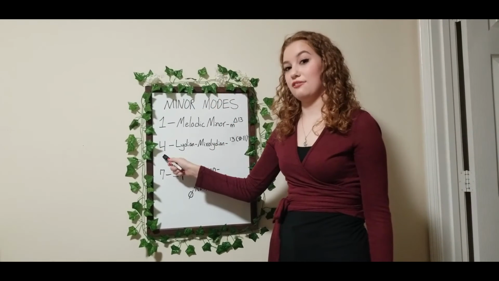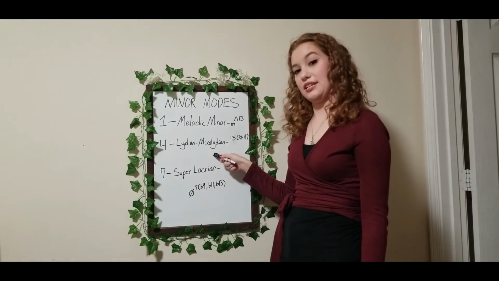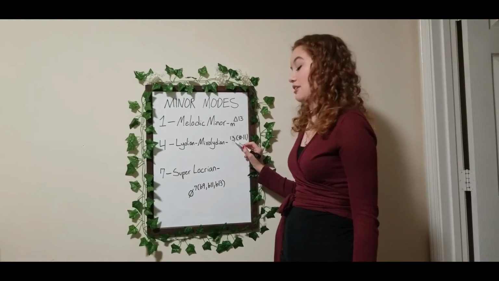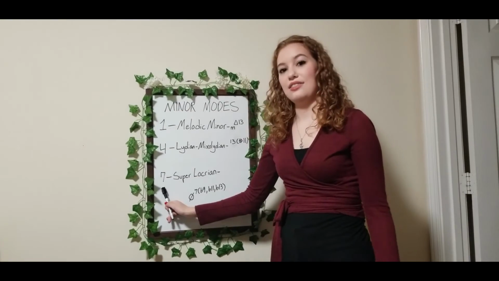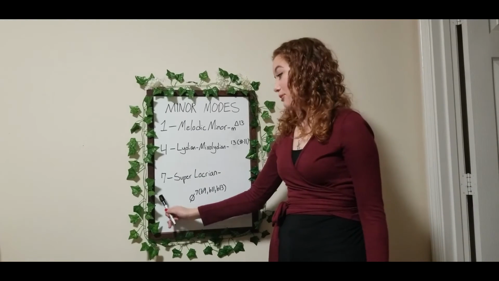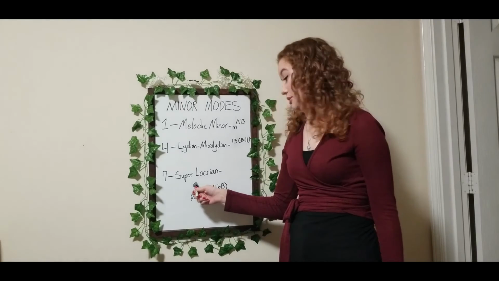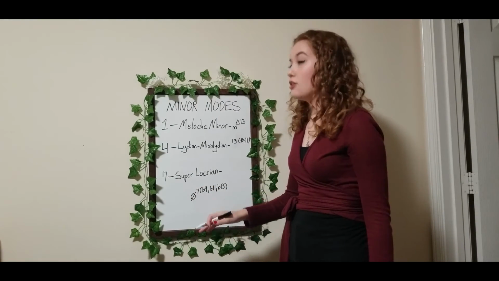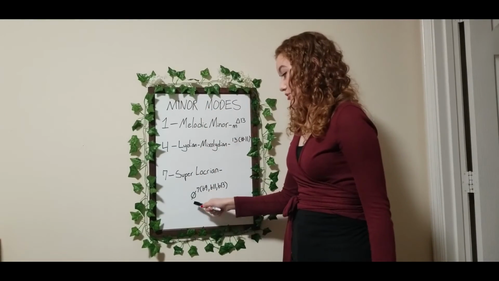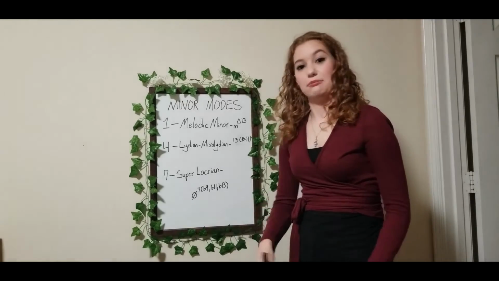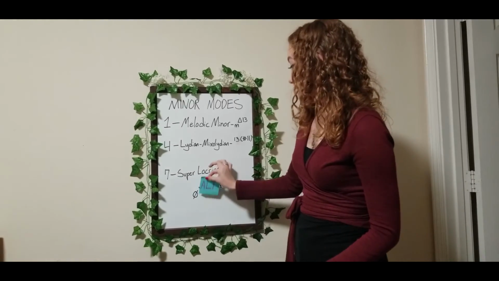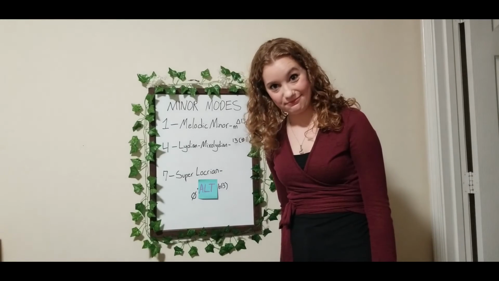A chord built on the 4, Lydian Mixolydian mode, is going to give you a dominant 13, sharp 11. And then finally, when you have a chord that's built on the 7th note of a minor scale in the super Locrian mode, you get a half diminished 7, flat 9, flat 11, flat 13. But that is too many words, so we just call it altered.